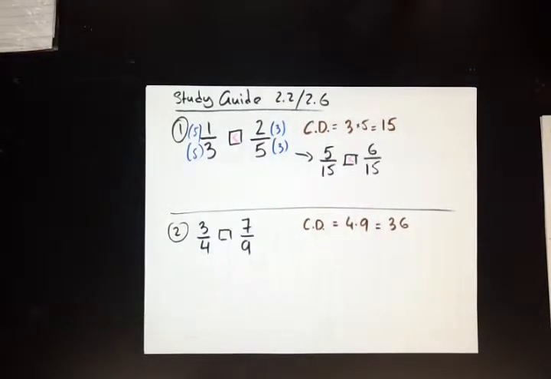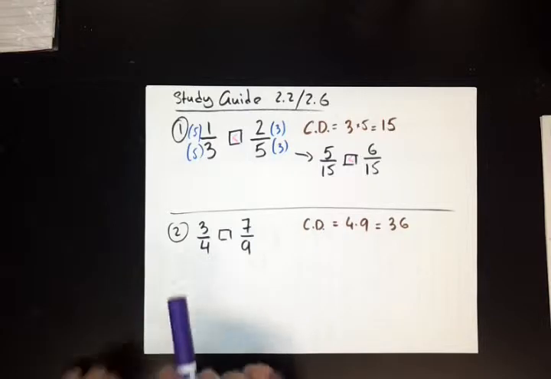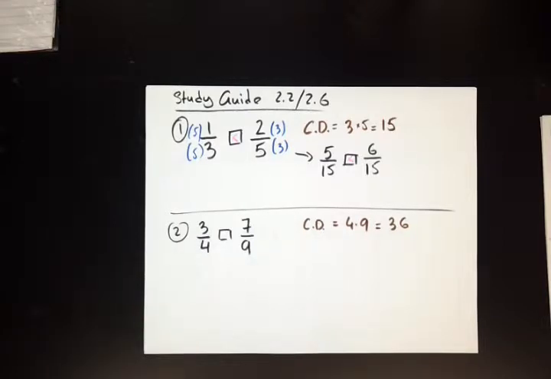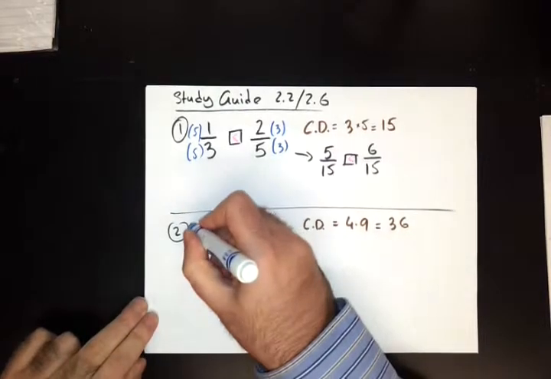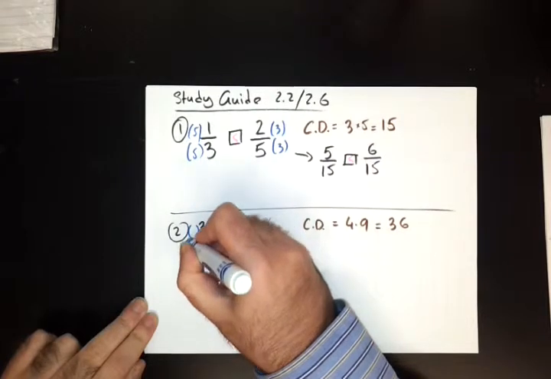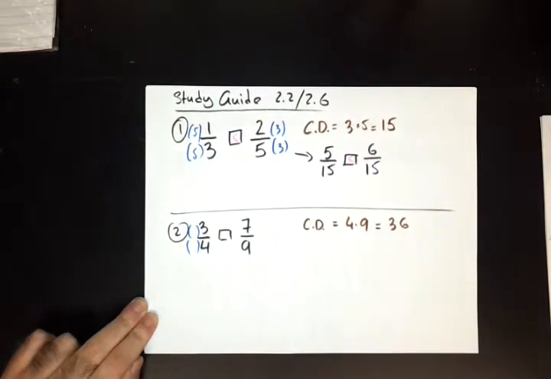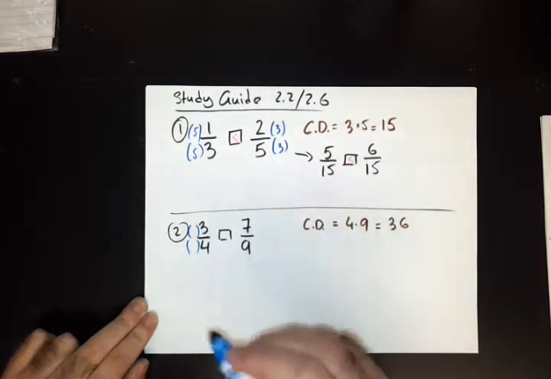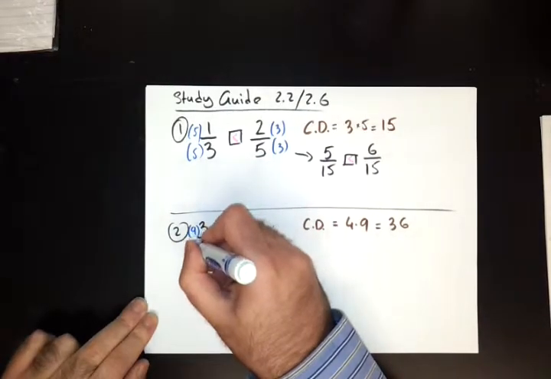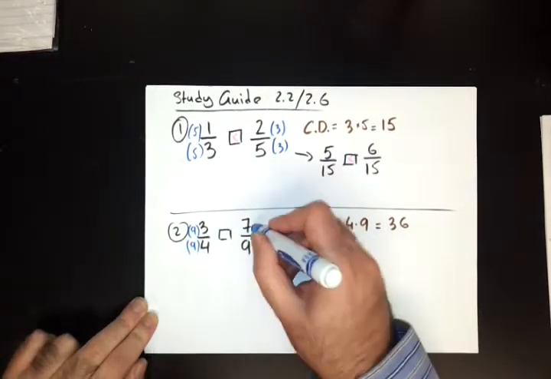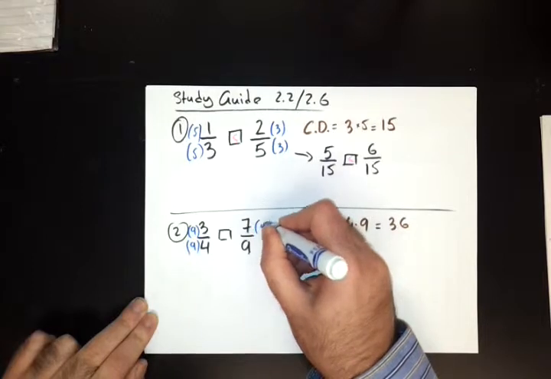So my job now is to convert both this denominator and this one to be 36. I'm going to multiply the first fraction by 9 on both top and bottom. I'm going to multiply the second fraction by 4, top and bottom.